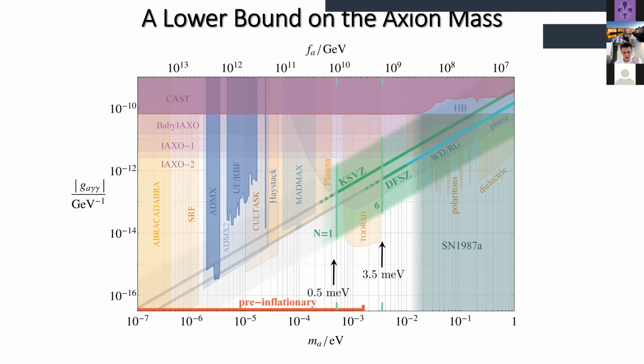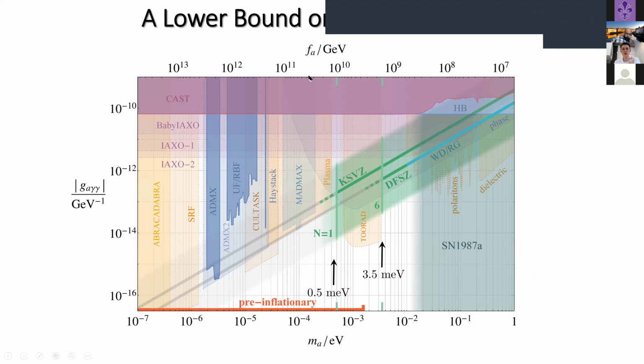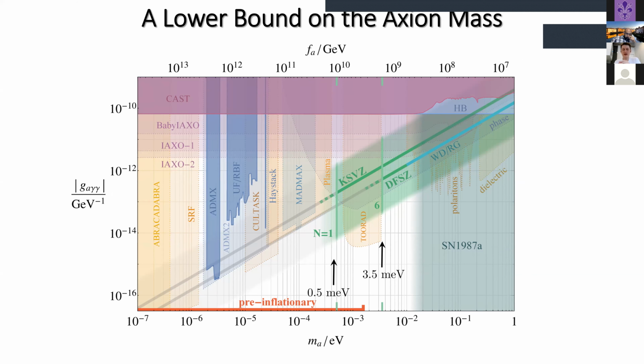So finally, in conclusion, I want to discuss the lower bound on the axion mass from this result. The fact that there is about 10 to the 2 more number density compared to the misalignment at theta 0 equal to 1 means that the axion decay constant should be smaller by a factor of about 10 to the 2, and therefore goes from 10 to the 12 to 10 to the 10 GeV. Actually, it is not really proportional, but it's a rough order of magnitude.